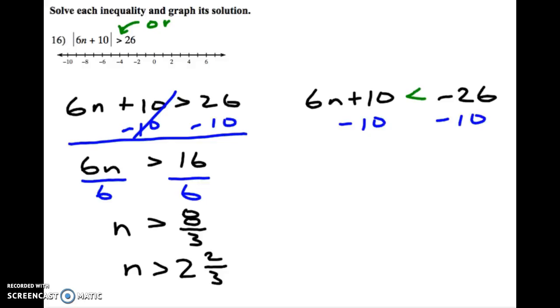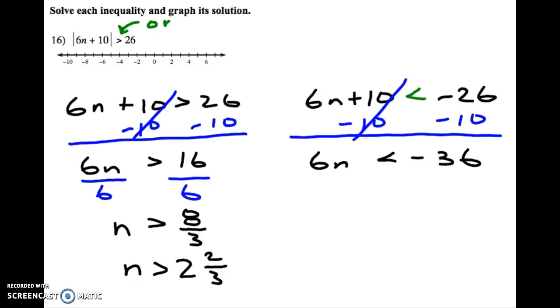And we work it out on the right. We end up with n is less than negative 6. As far as graphing goes, all right, so we got the 2 and 2/3, so that will be somewhere between 2 and 3.